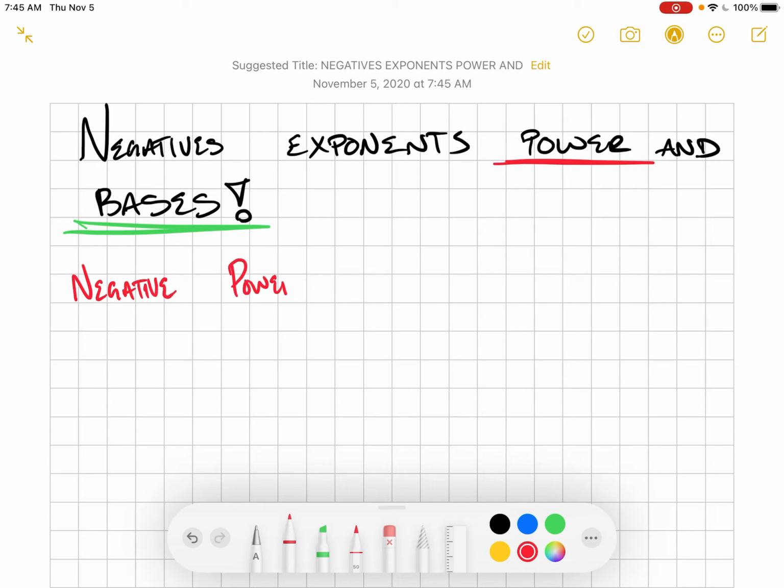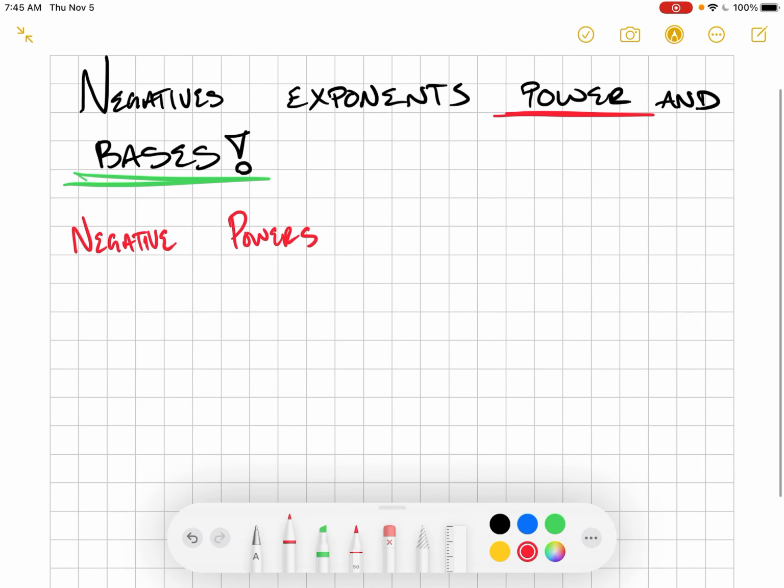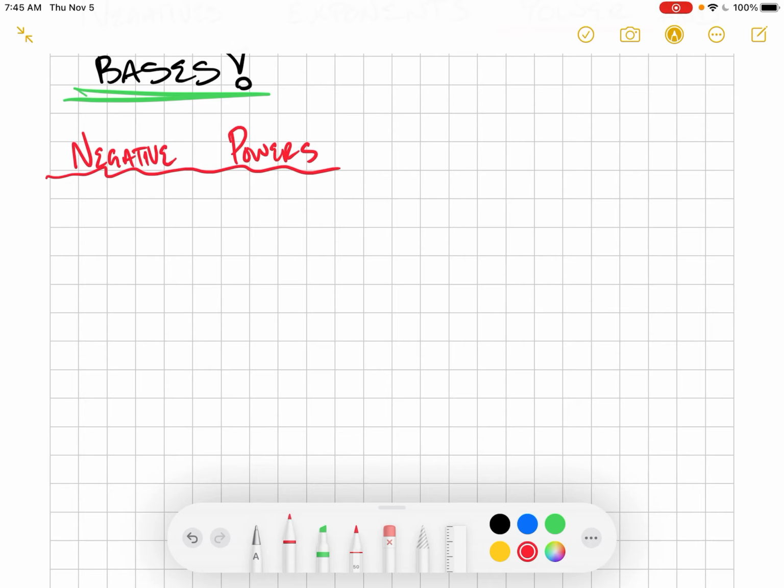All right, so let's look at the patterns we talked about in class recently. We started with 2 to the third power, and then we looked at 2 to the second power, 2 to the first power, 2 to the 0 power.